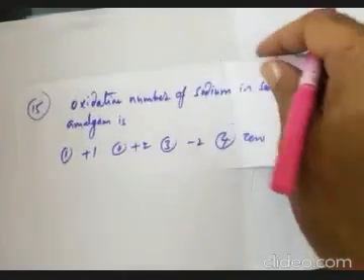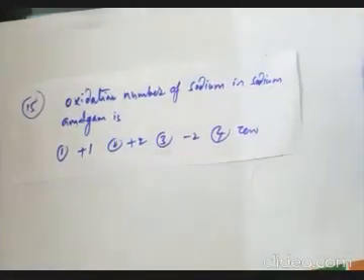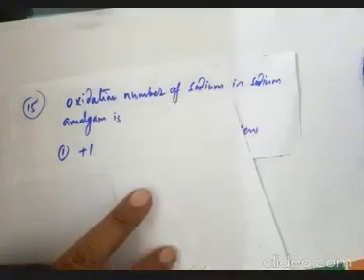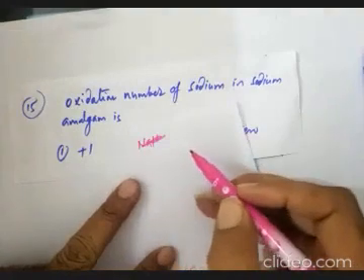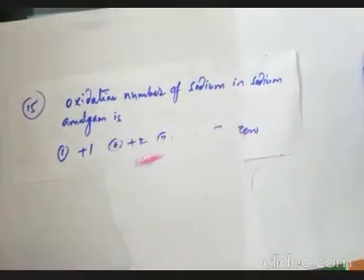So next one, this is another important one. Oxidation number of sodium in sodium amalgam. Anywhere metals combine with mercury, they are called amalgams. Sodium with mercury is sodium amalgam. Zinc with mercury is zinc amalgam. Amalgams are treated as alloys.